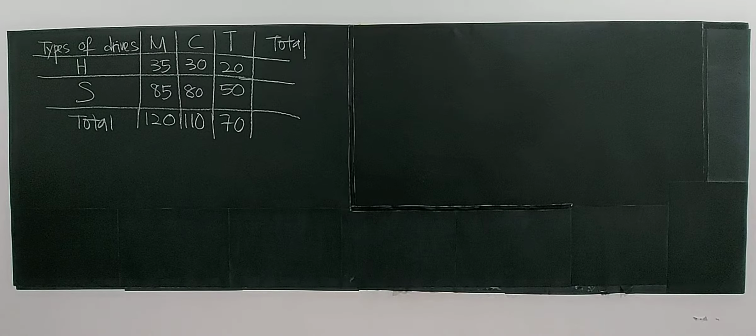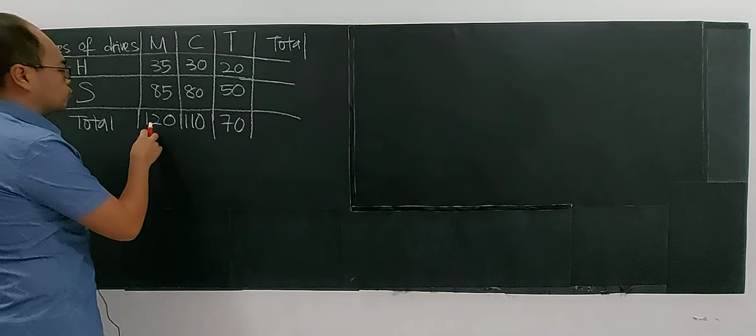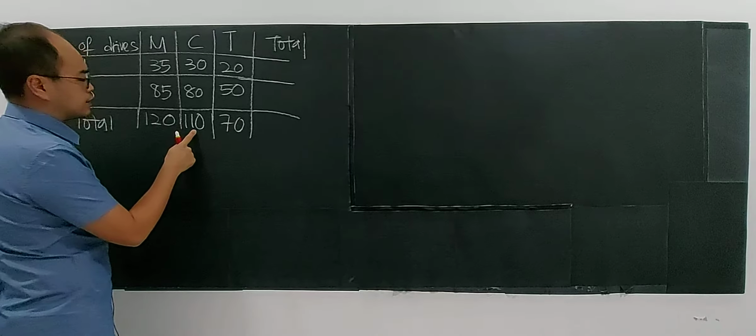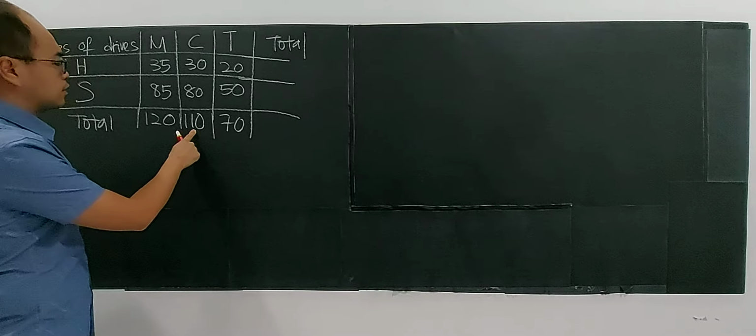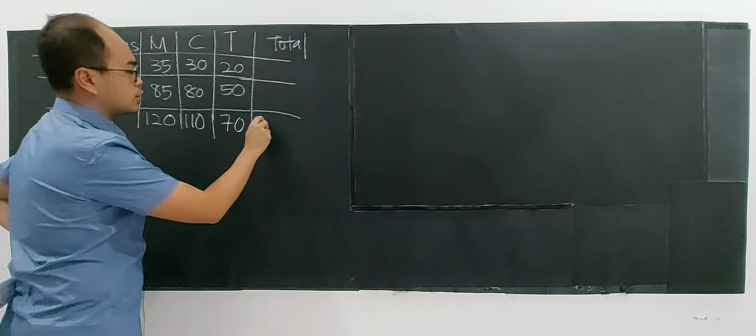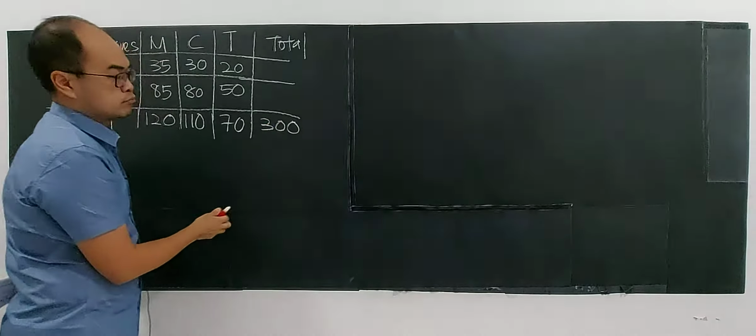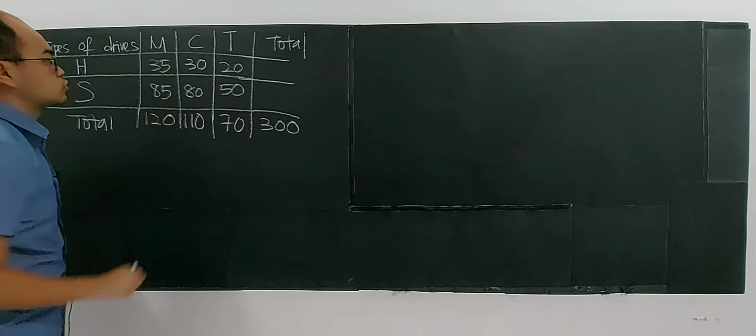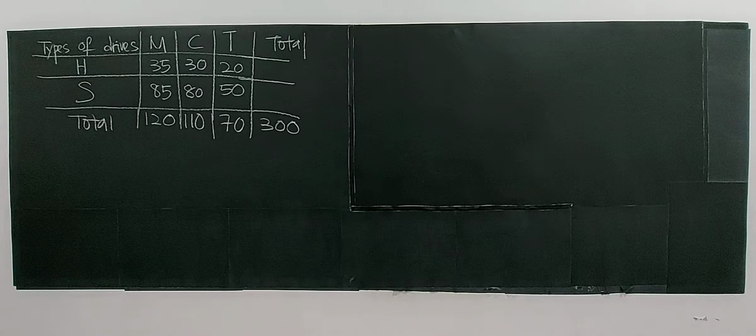So the total should be 300. If we add up 120 and 110, you have 230, and 230 plus 70, you must have a total of 300. Same thing here. If you total up these three, let's total up.